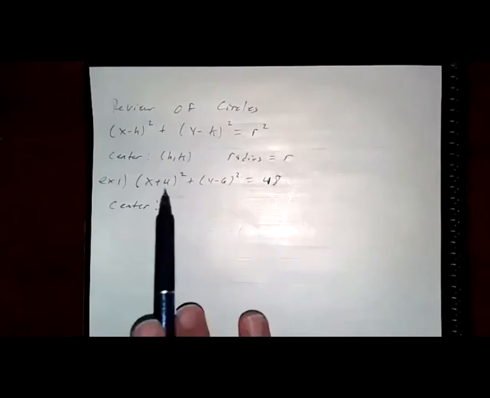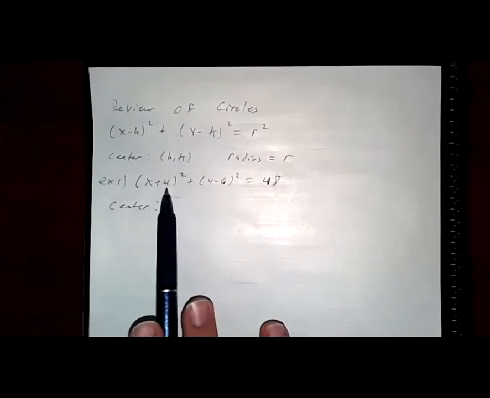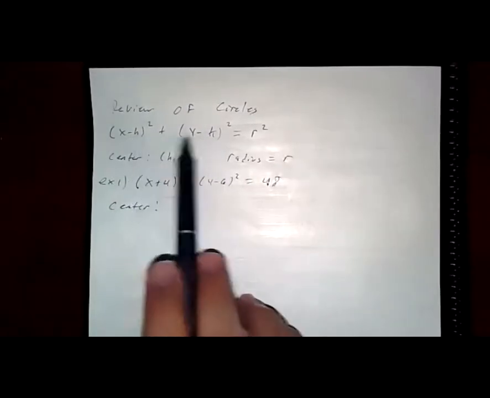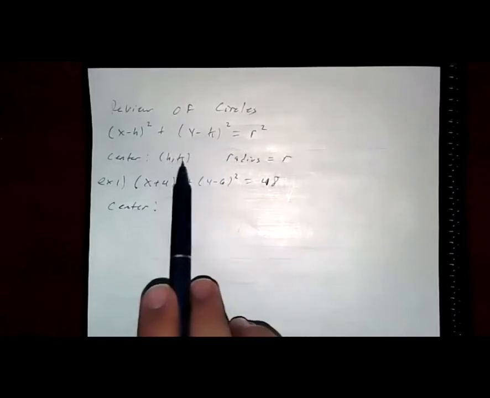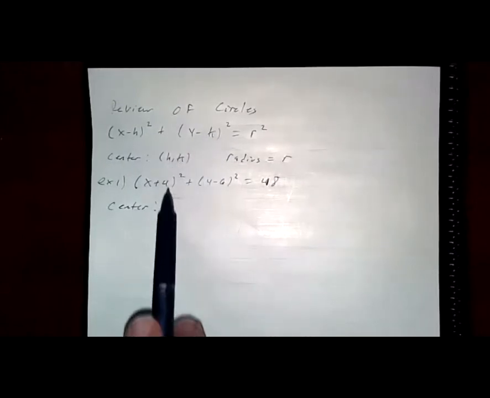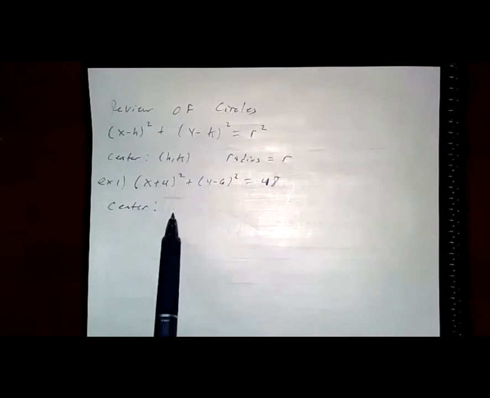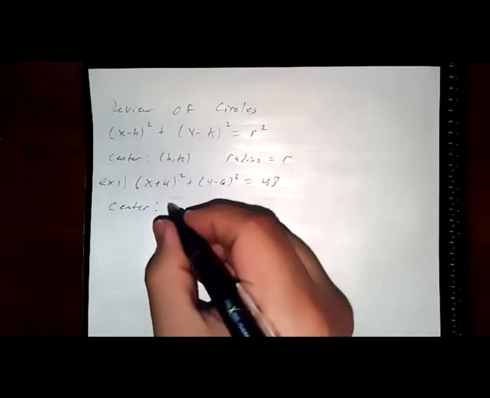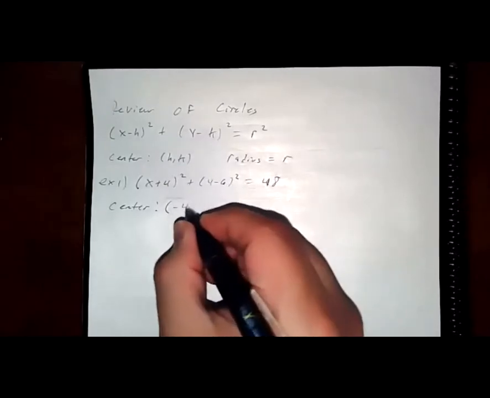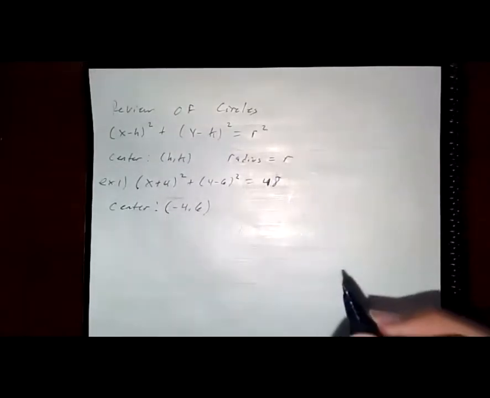When it's in standard form, notice how if they're both minus, they just switch signs to positive. So it's always the opposite. Negative 4, 6 will be the center.